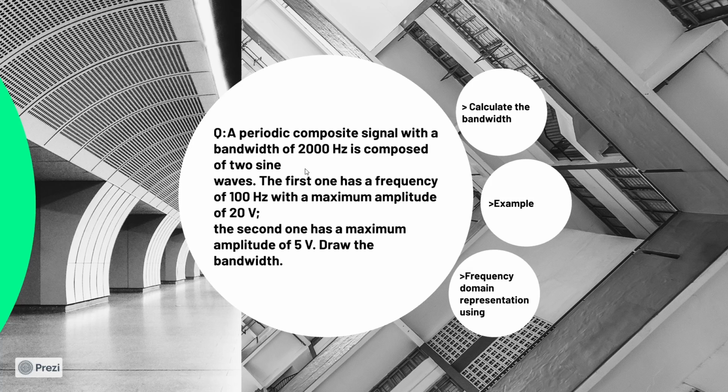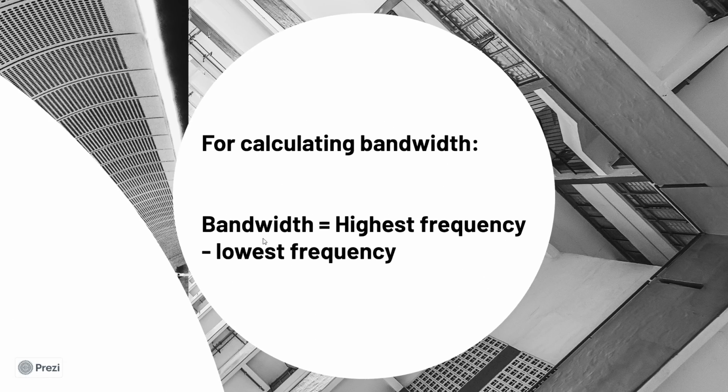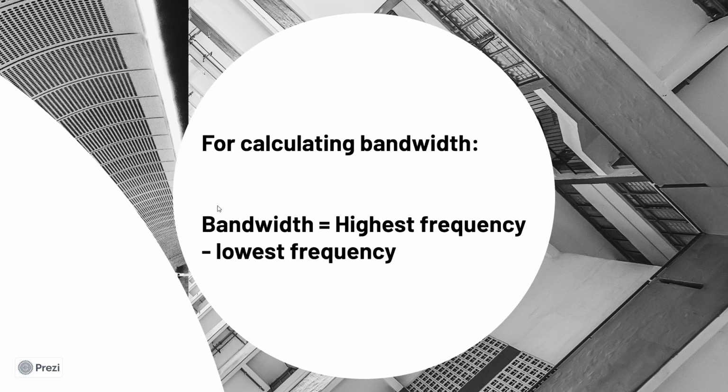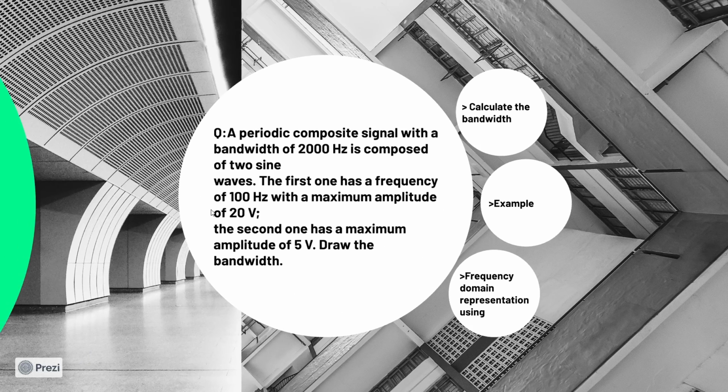Now, how are we going to calculate? First, as I have written here, calculate the bandwidth. We are already given the bandwidth, which is 2000 Hz. We will be using this equation: bandwidth is equal to highest frequency minus lowest frequency.